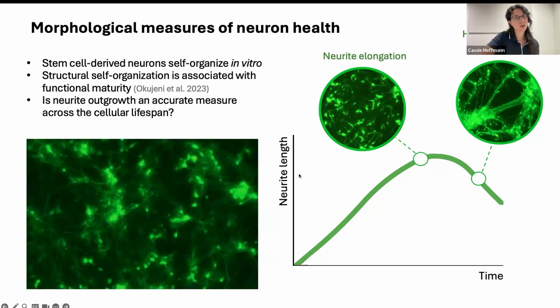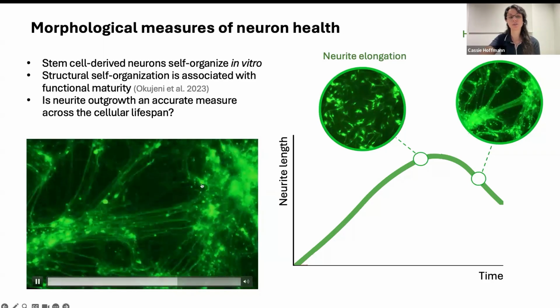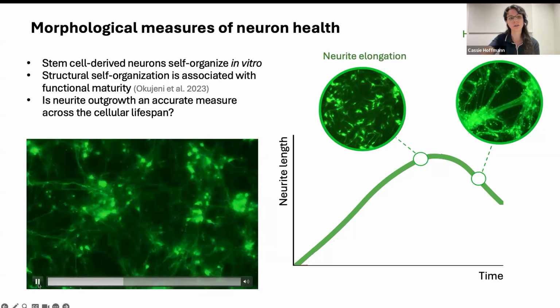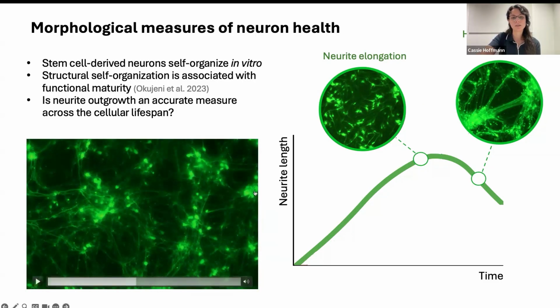The way that the morphological health of these cells is usually quantified is through what are called neurite outgrowth assays. Pretty straightforward concept. You quantify the overall neurite length, and then supposedly the higher the length, the higher the health of your neurons. But I found in my own research that this was only really valid up to a certain time point in the cell lifespan.